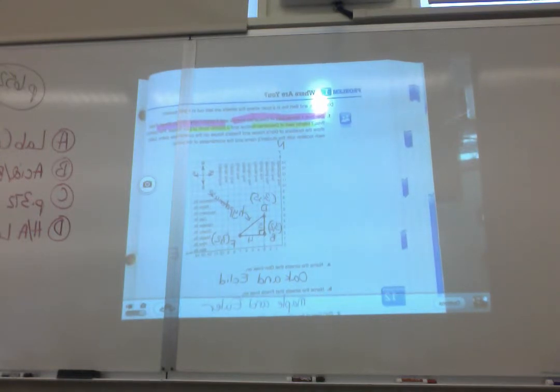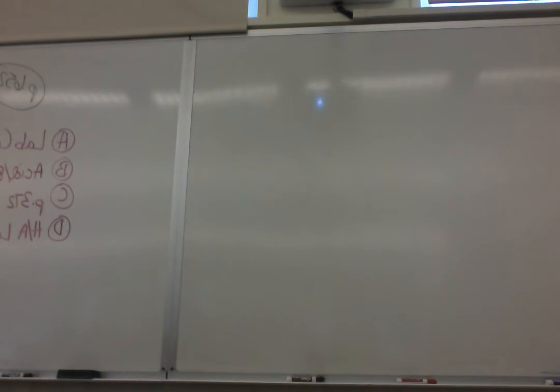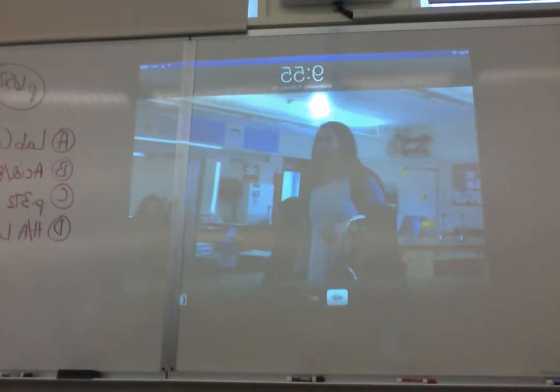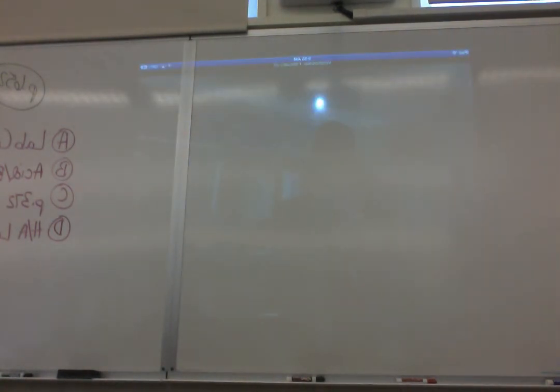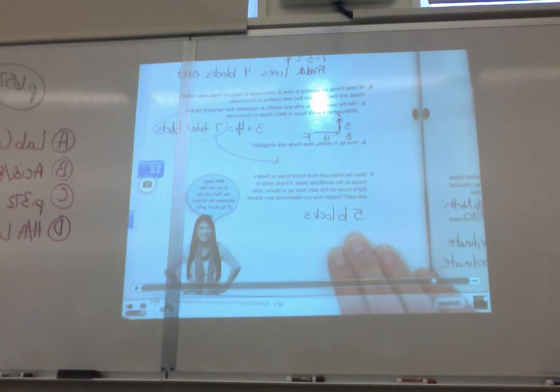Okay. Brody, what did we get? 5 blocks. Brody has 5 blocks. Do we agree with him? Yes. What's the formula we set up to get that?